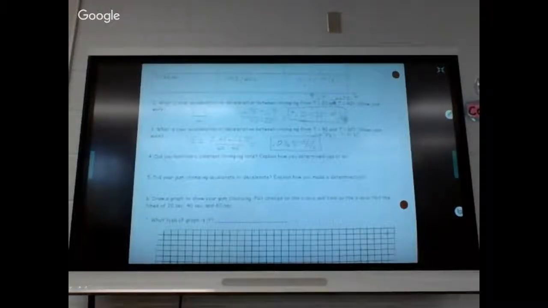Did you accelerate or decelerate? What did you remember? What did it do? Are they positive or negative? Exactly. Tell me why you know that. Did it accelerate or decelerate? Are they positive or negative numbers?